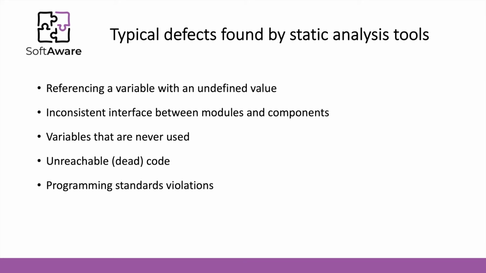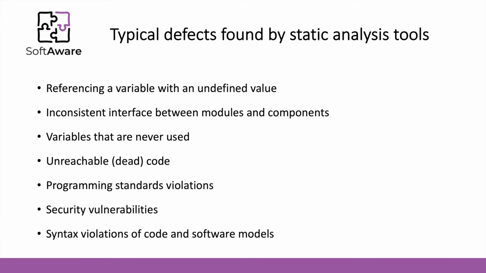Security vulnerabilities are also easily found, for instance, password structures that are not secure. And finally, syntax violations of code and software models, such as the incorrect use of the programming or modeling language.